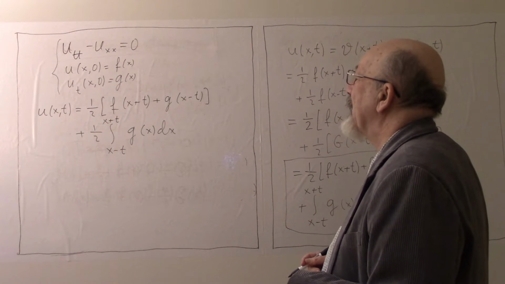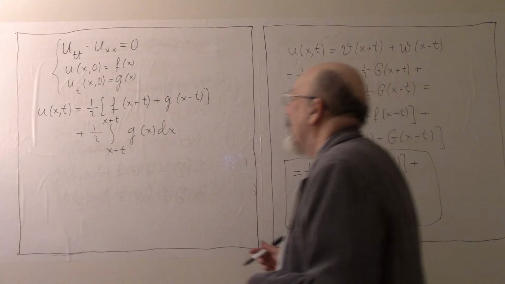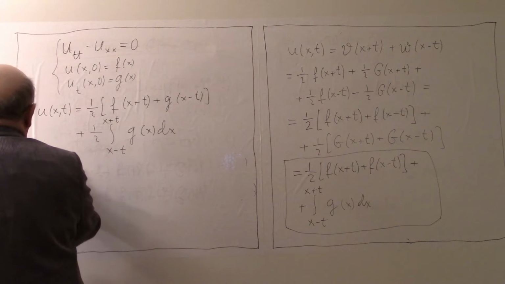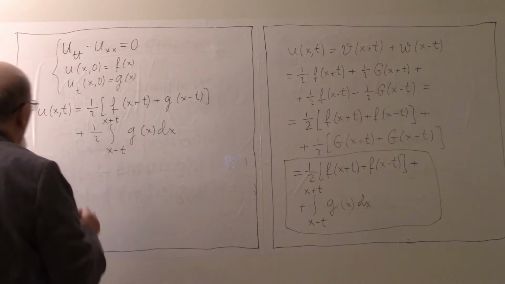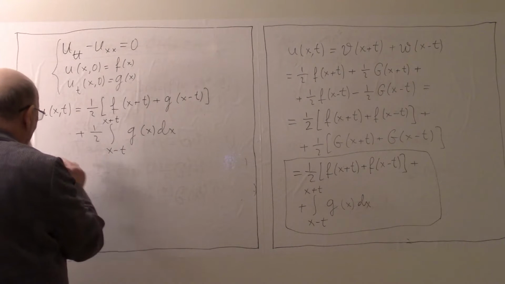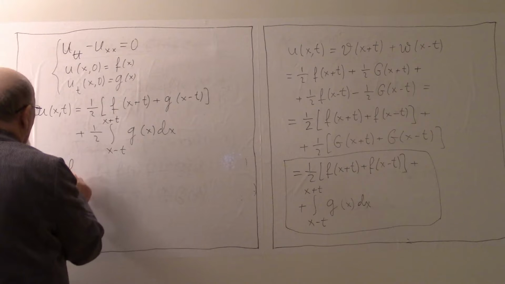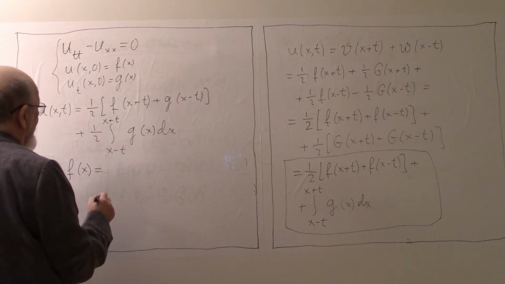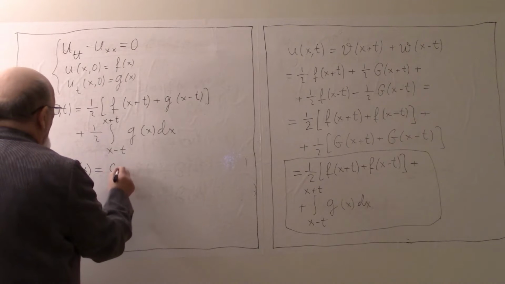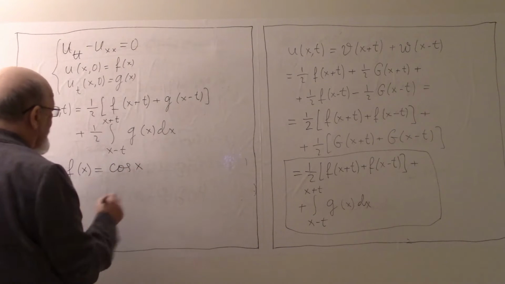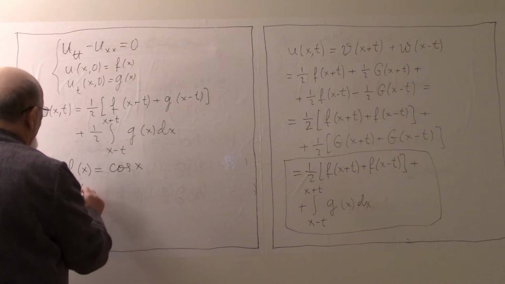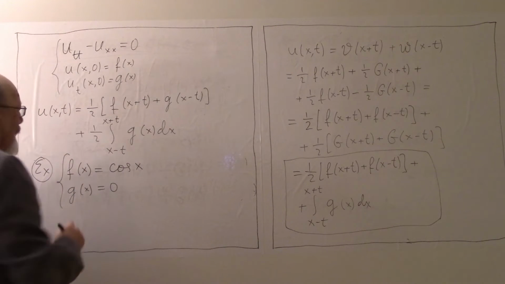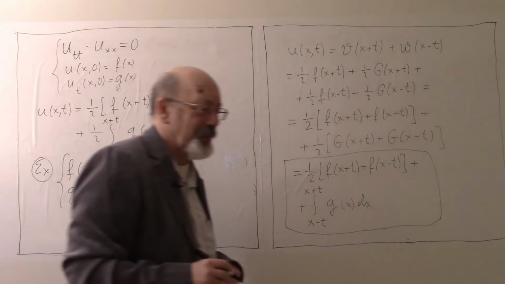Now let us consider the following example. Say f of x equals cosine x and g of x equals 0. We start from this.